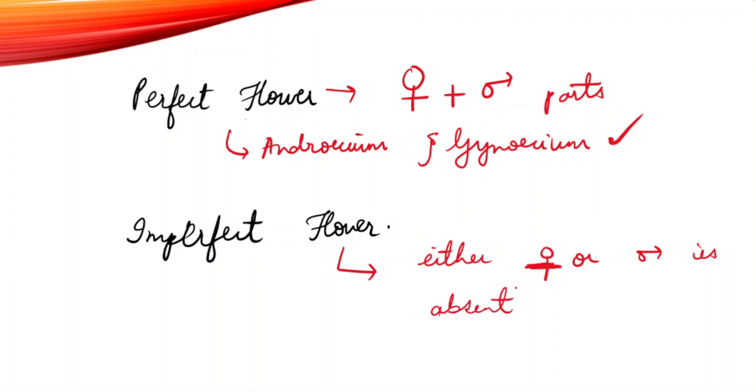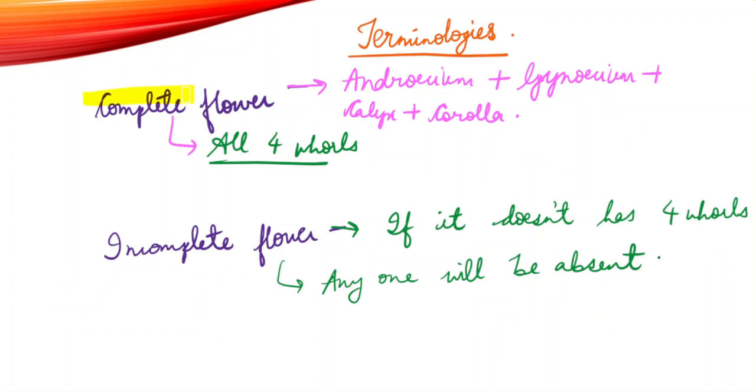Suppose there is a flower, and this flower is only having female reproductive part, then it is imperfect flower. Suppose the flower is having only male reproductive part, then also it is imperfect flower. So complete flower means what? The flower is having all the four whorls.